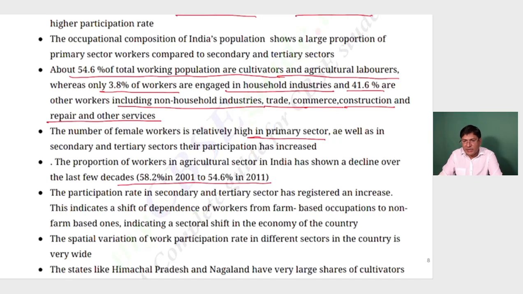Slowly, the percentage of the agricultural population is declining. वो धीरे धीरे कम होती जा रही है. जो एग्रीकल्चर पे पॉपुलेशन डिपेंड करती है उसमें धीरे धीरे गिरावट आ रही है. जैसा कि यहाँ पे इन 2001 इट वाज 58.2% और जो 2011 में 54.6% रह गया. मतलब जो खेती करने वाले लोग हैं, जो फार्मिंग या एग्रीकल्चर के ऊपर डिपेंडेंट पॉपुलेशन है, उसमें धीरे धीरे गिरावट आ रही है.